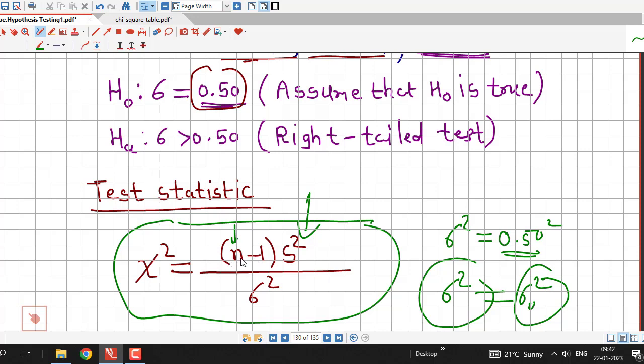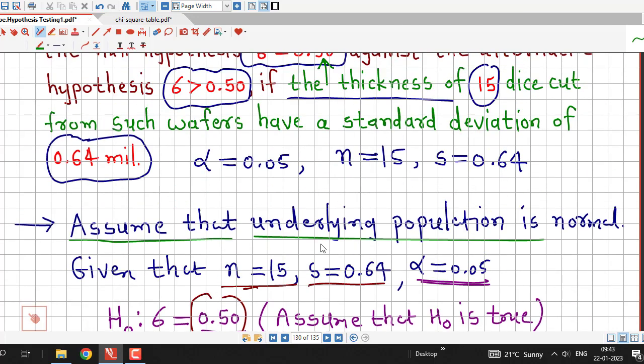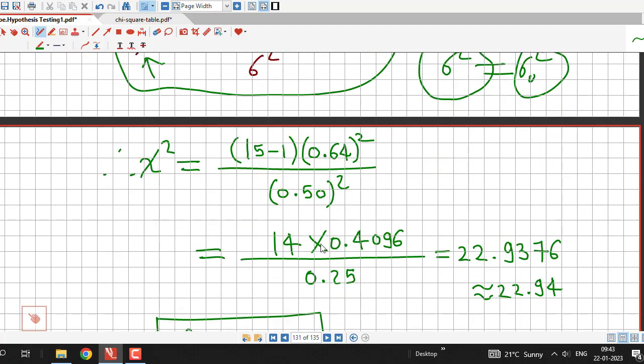To apply this chi-square distribution, we must say that underlying population is normal. If our random sample is selected from normal population, then only this random variable is a chi-square random variable with n minus 1 degrees of freedom. So therefore it is necessary that we must assume that underlying population is normal.